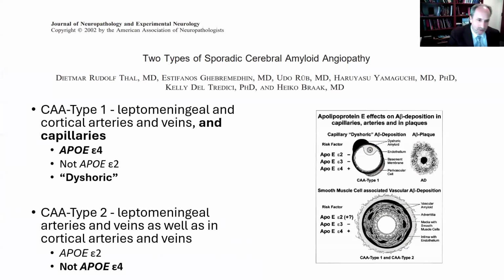Tal and colleagues popularized the notion of type 1 versus type 2, a couple of decades ago. Type 1 basically has capillary involvement and an association with ApoE4. Type 2 lacks capillary involvement and has an association with ApoE2. Now these are associations arrived at by odds ratios and so forth.